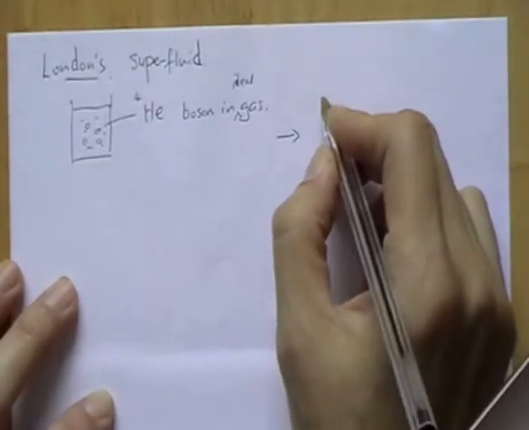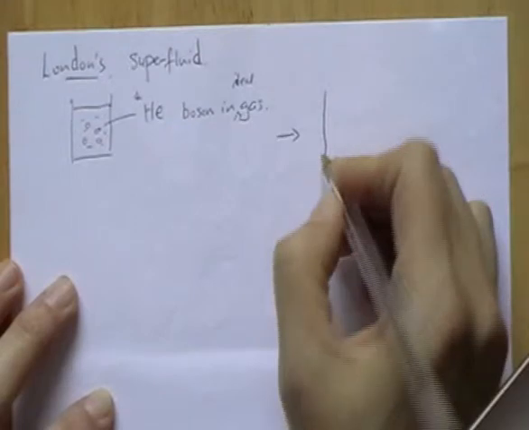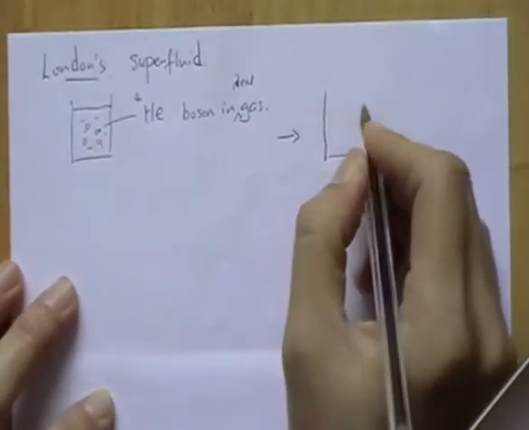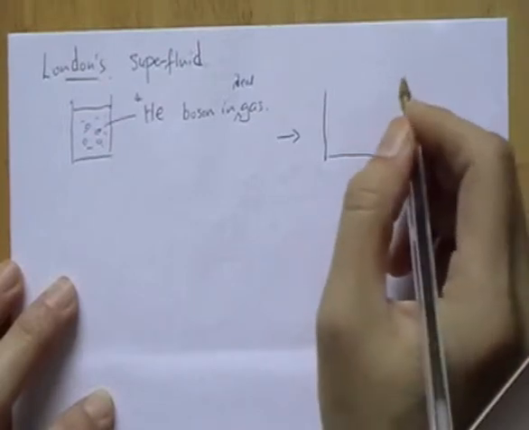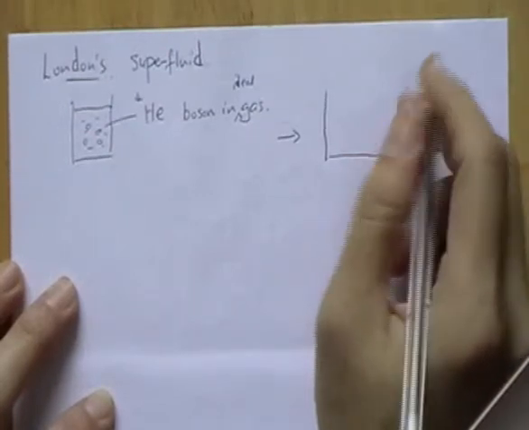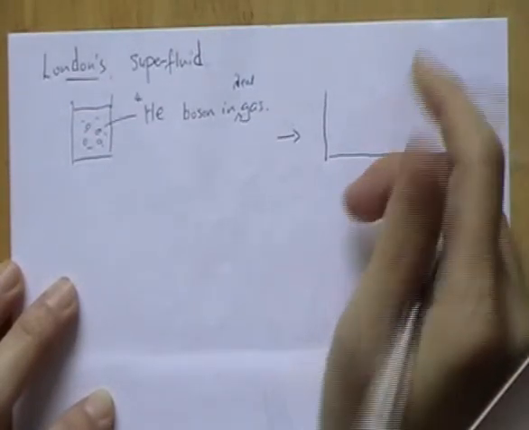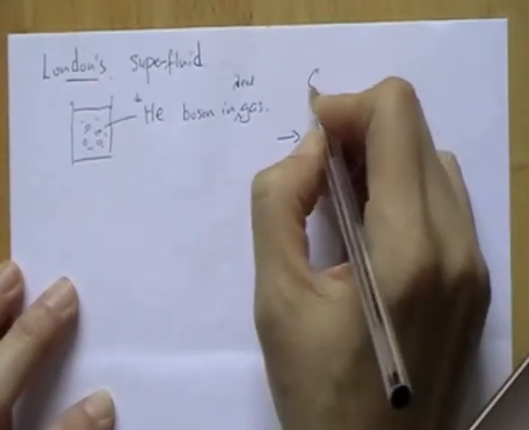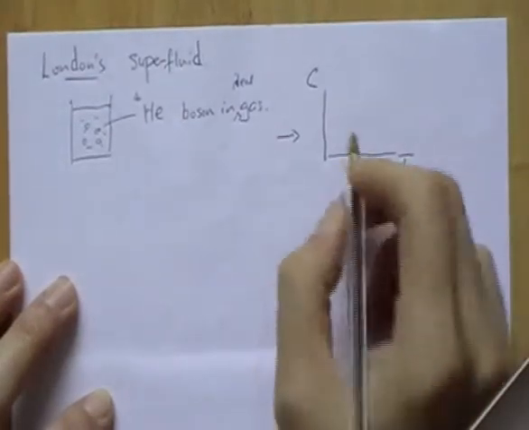that the heat capacity of this boson gas, heat capacity versus temperature, looks like this.